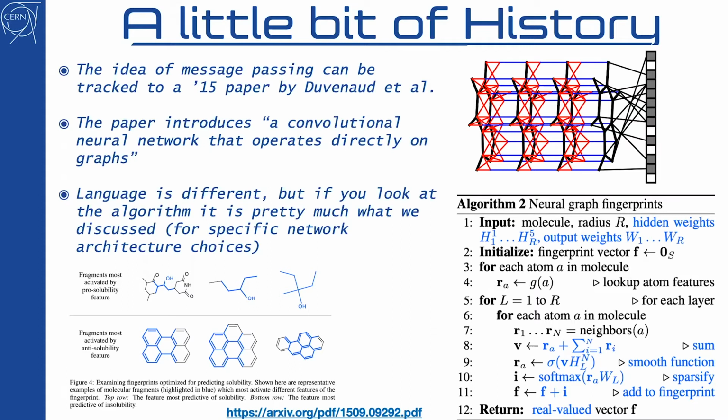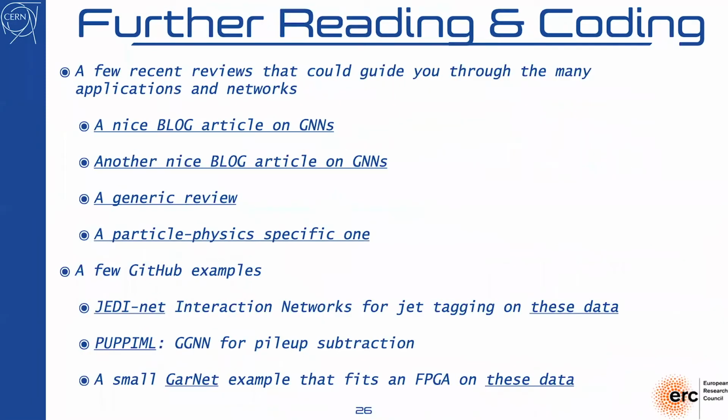They wanted to process molecules. And in this case, I think it was some generative task. They wanted to generate configurations, not sure. But the algorithm that they have is the one on the right. The language they use to describe the algorithm is completely different from the one I used. But if you look at the math, it's exactly the same. So there is a message passing there and so on.